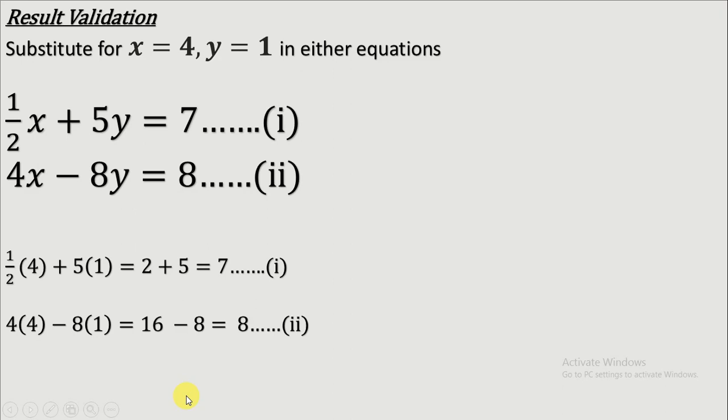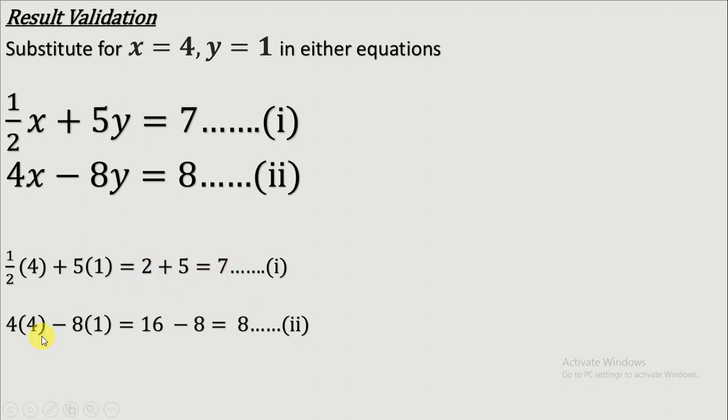Now we need to validate our results. Substitute x equals 4, y equals 1 in either equations. The given equations are 1 over 2x plus 5y equals 7, 4x minus 8y equals 8. Substitute the value of x equals 4 and y equals 1 into the equations. In the first one, you can see 1 over 2 times 4 plus 5, open bracket 1, that is 2 plus 5, which is 7.